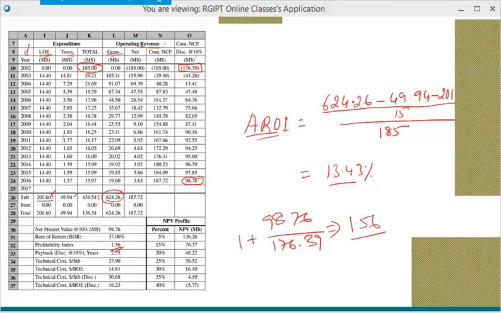And this is discounted at a 10% discount factor, which gives you NPV. If you look at this NPV profile, for 10% it's not given, because for 10% it's 98.76, which can be taken right from there.